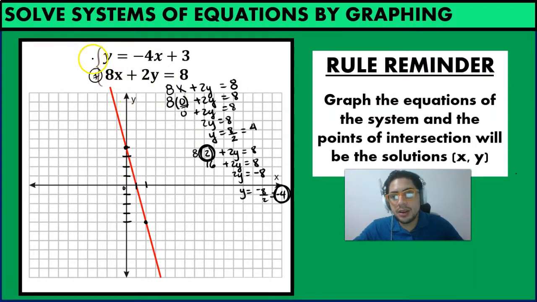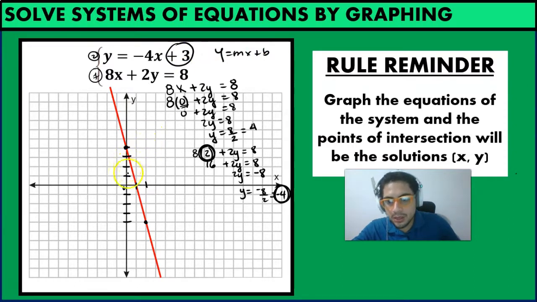Now let's graph the other one, right? So in this case, it's kind of easier because it's already in the y equals mx plus b form. So we know that this is the y-intercept, which is going to be 3. So 1, 2, 3. It's going to be here. And we, again, get to choose any value that we want in order to graph. So for example, let's say if we wanted to graph for a value of positive 1, right?